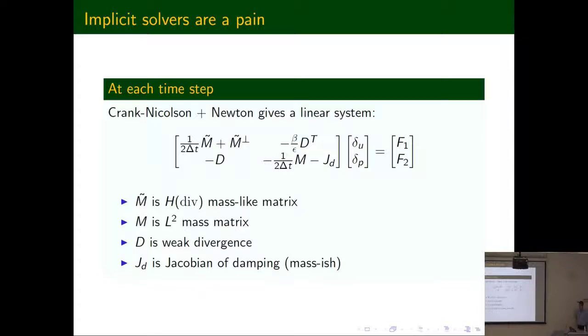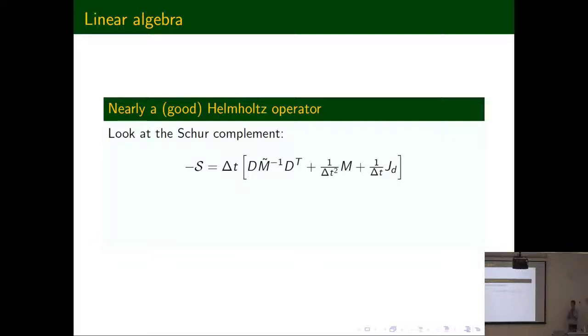And so we want to come up with a good preconditioner for this sort of system. And there's really two ways of going at it, but an important thing, there's a typo on this slide. I've left off the M tilde perp term. It doesn't really complicate matters, but if you look at the Schur complement, this operator here is, morally speaking, a Laplace operator.